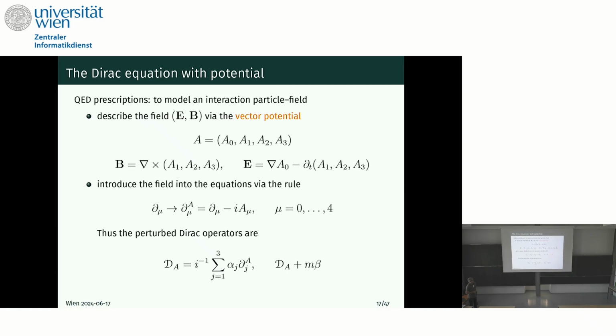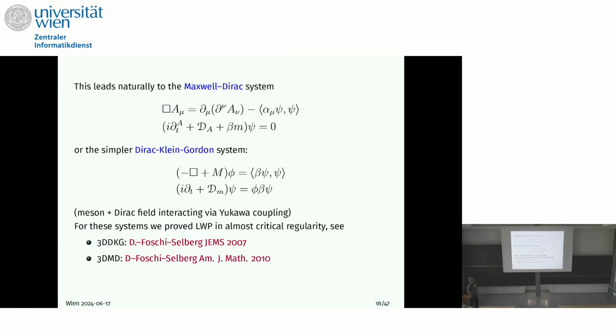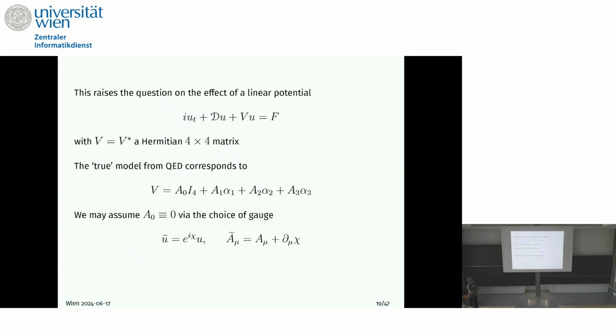So you have a modified Dirac operator, which is like this, with the mass term as usual, m beta. With this prescription, you get the full Maxwell-Dirac system or some simplified versions, like Dirac-Klein-Gordon. We studied this a few years ago, but I don't want to deal with it.